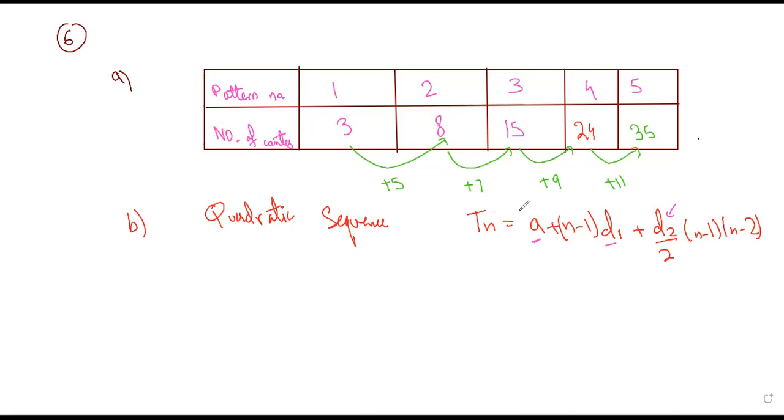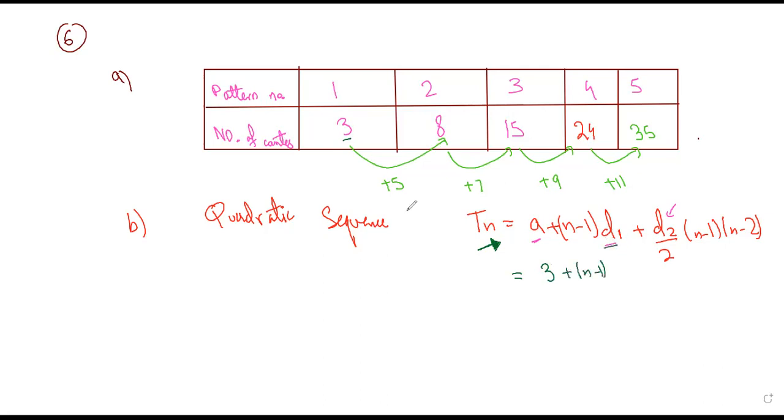Okay, so this is the general formula which you will use for every question where you will notice that the sequence is a quadratic sequence, right? So I'll use this. My A is 3, plus n minus 1.